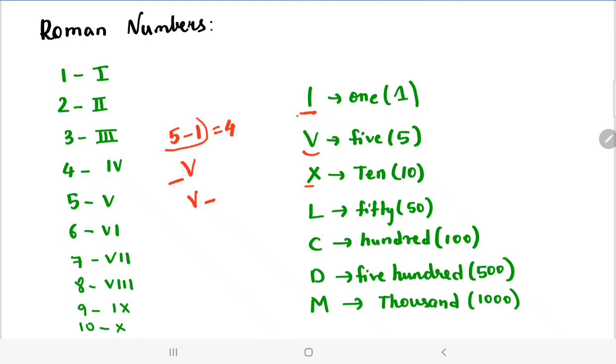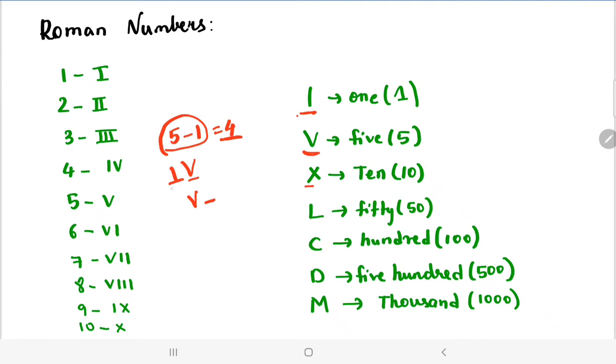So how should I write 5 minus 1, means 4, in Roman numbers? Very simple. You are going to put 1 in front of 5. Means I am putting V, and before V, we have to write 1 bar, which means 1.